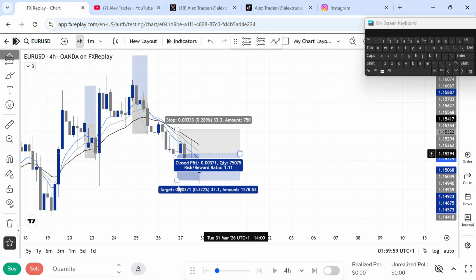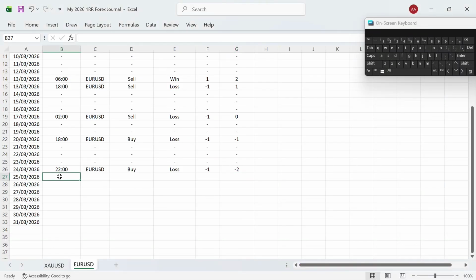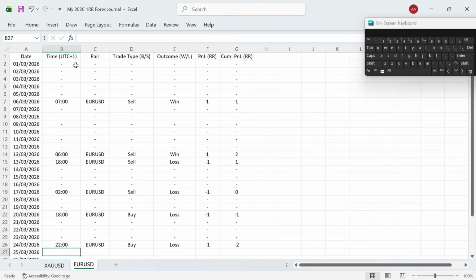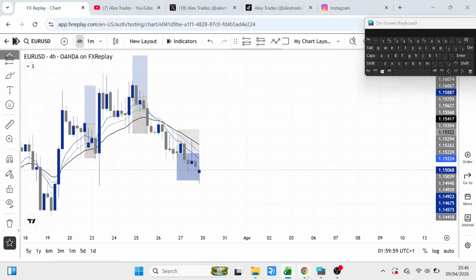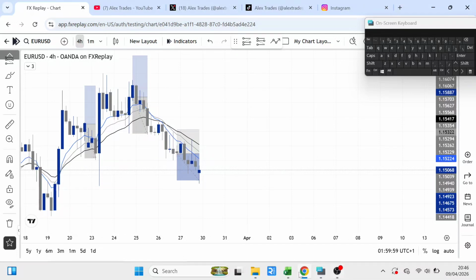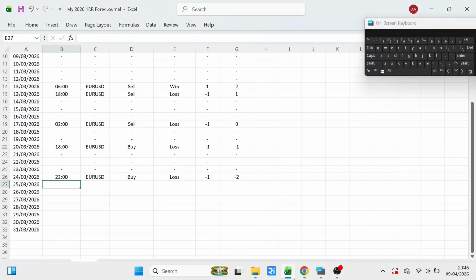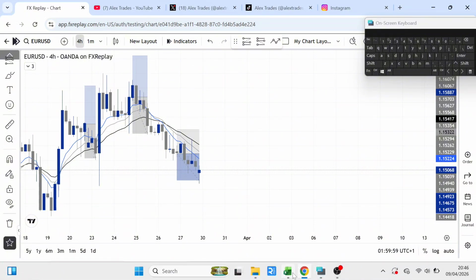So now this was on the 26th of March by 22 UTC plus 1, not UTC. For all the times I've been calling UTC, rather it's UTC plus 1. Let me check again. 26th March UTC plus 1. Okay. 22 rather.